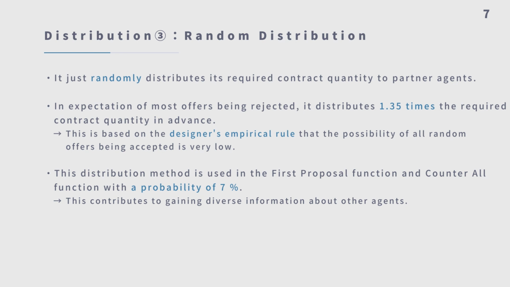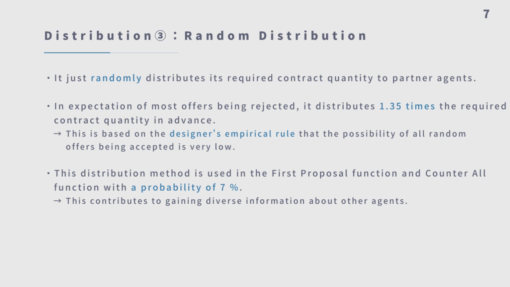Okay, let's move on to the last distribution method. In this method, my agent just randomly distributes its required contract quantity to partner agents. This method is made from expectation of most offers being rejected. My agent distributes 1.35 times the required contract quantity in advance.